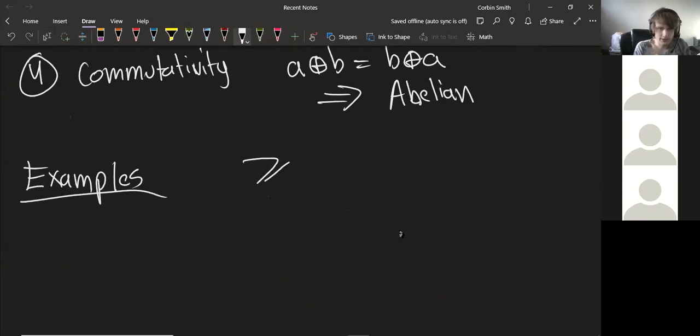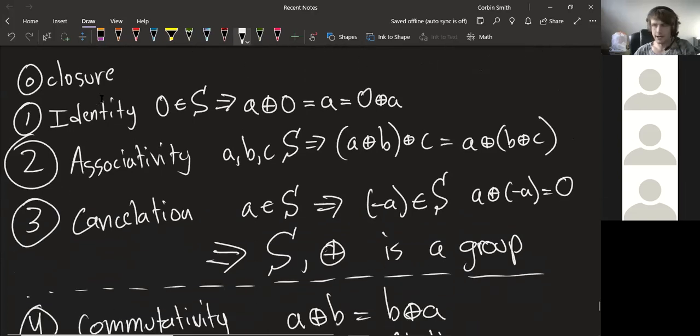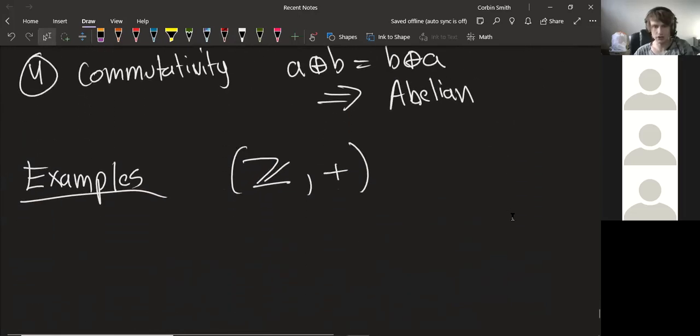So the example you're probably most familiar with is the integers and regular addition. You know, it has these four properties. It's actually an abelian group as well. If you add two integers, you get an integer. 0 is the identity element of the integers. Addition is associative, and we have negative numbers in the integers.